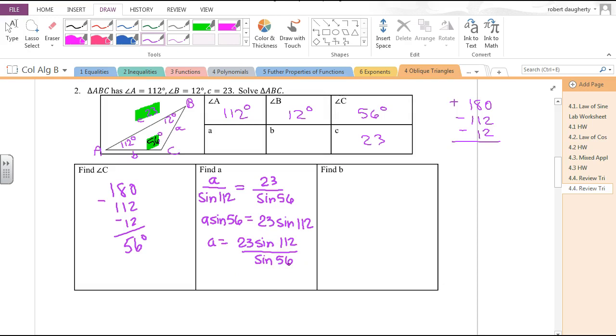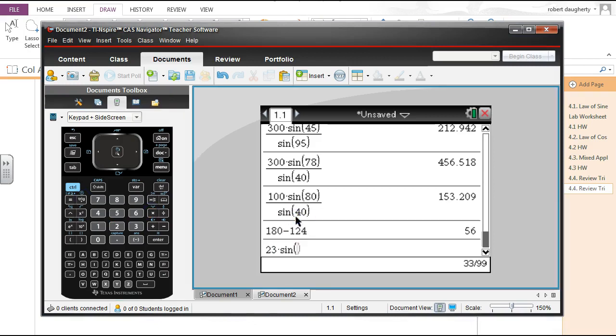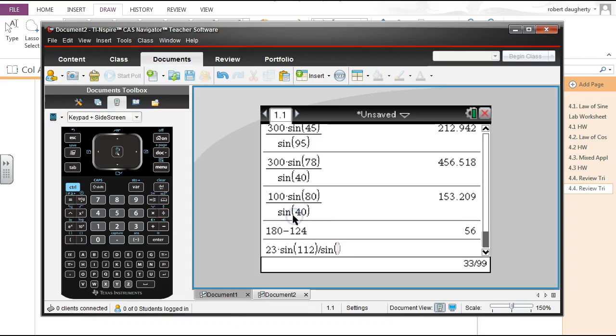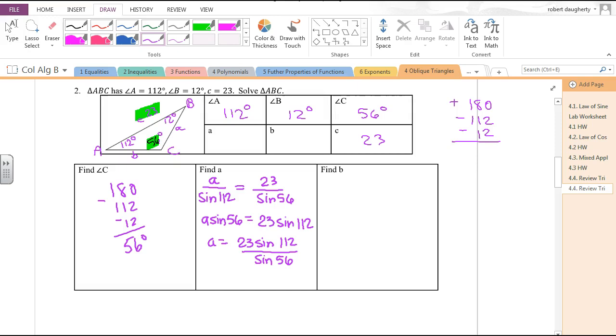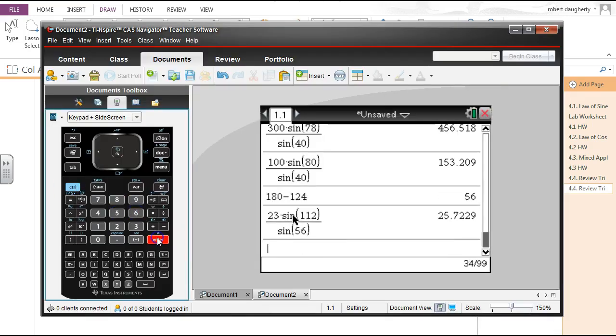So 23 times the sine of 112 divided by the sine of 56, and that is 25.72.